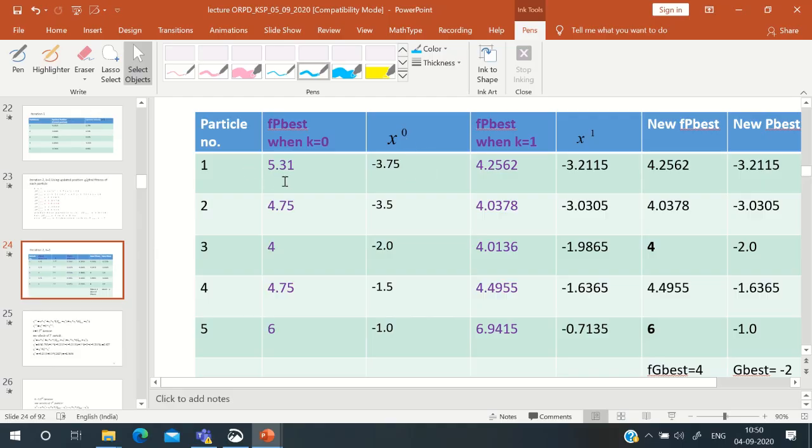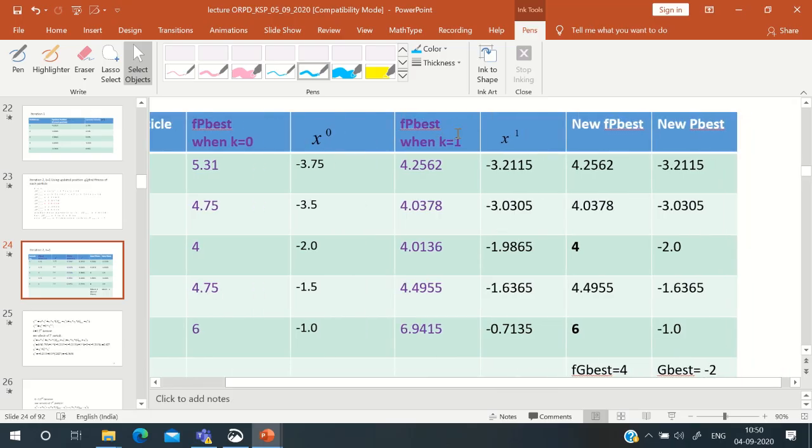For the first particle, the function value was 5.31 and the x value was this. These two columns correspond to k equal to 1: the function value is 4.2 and the x value is -3.25.